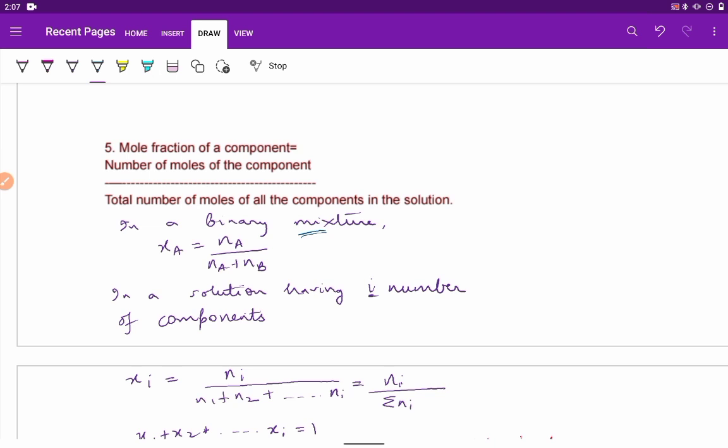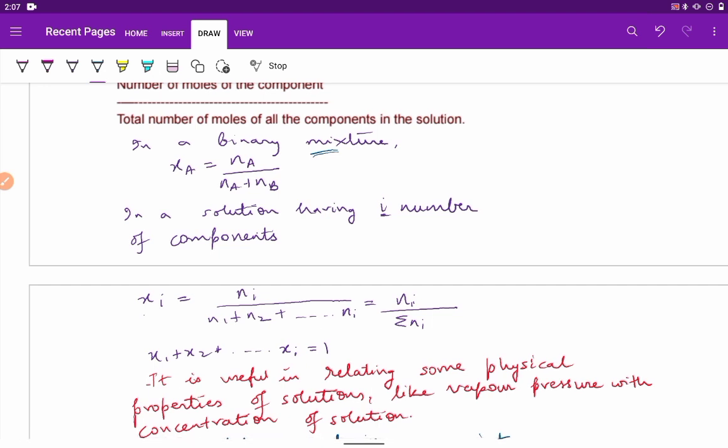In a solution, if there are i number of components, then Xi will be Ni divided by N1 plus N2 up to Ni.